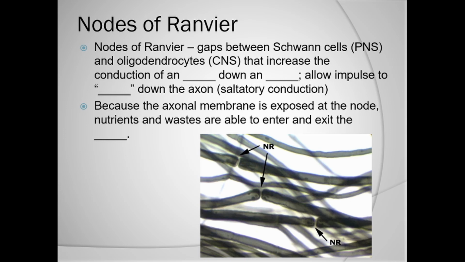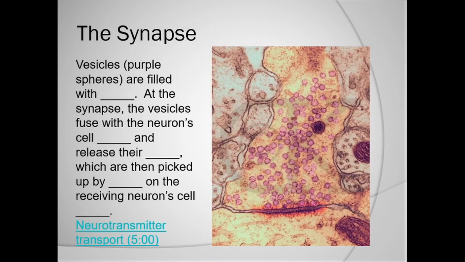So these nodes of Ranvier are an opportunity for the waste to leave, and also for nutrients to enter as well. These are little gaps that form between the Schwann cells and the oligodendrocytes. So they're important in terms of conduction and the health of the axon.